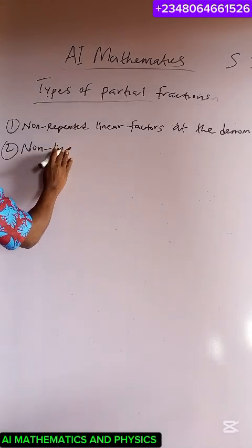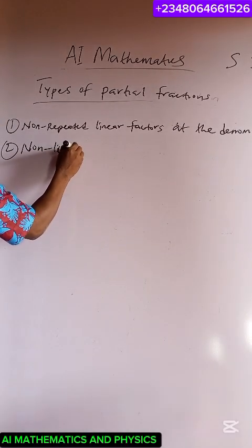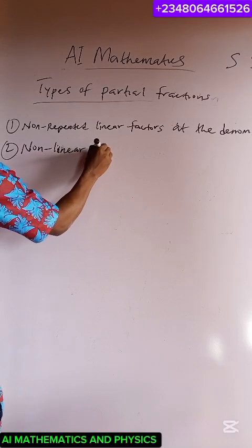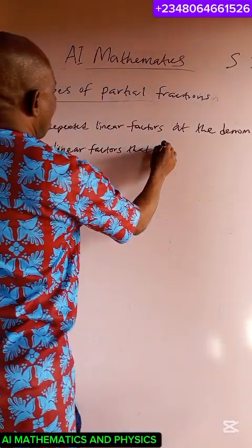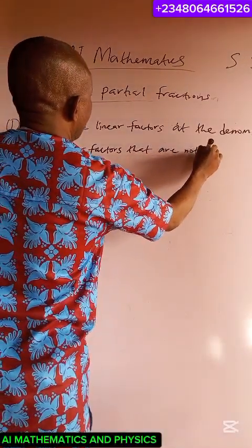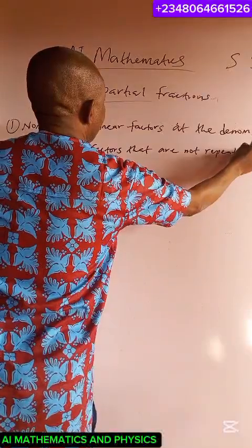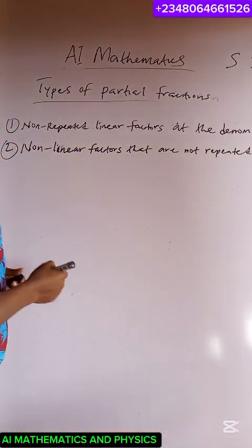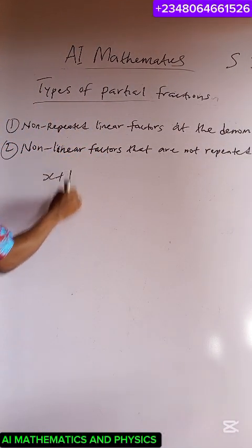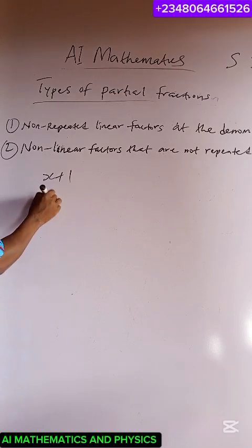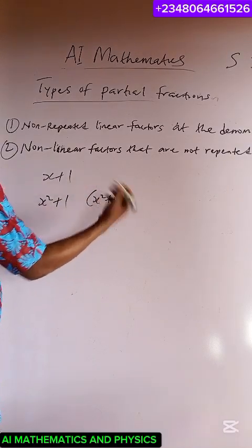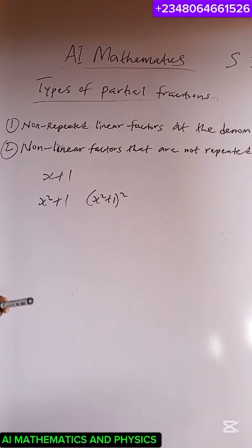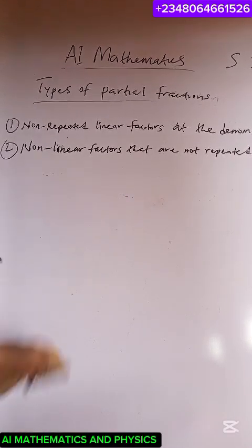What that means is that, you know, x plus 1 is a linear factor, but x squared plus 1 is not linear. And not repeated, which means you don't have x plus 1 squared or x plus 1 cubed. So that's what we call non-linear factors that are not repeated.